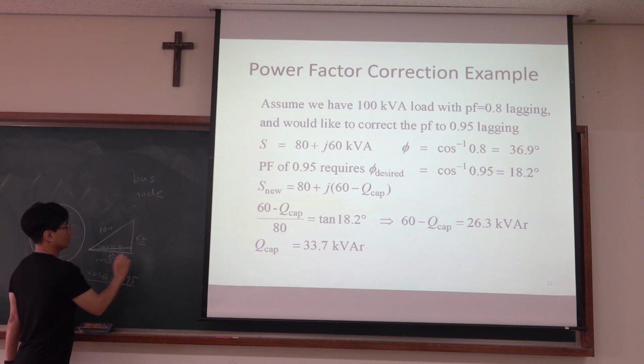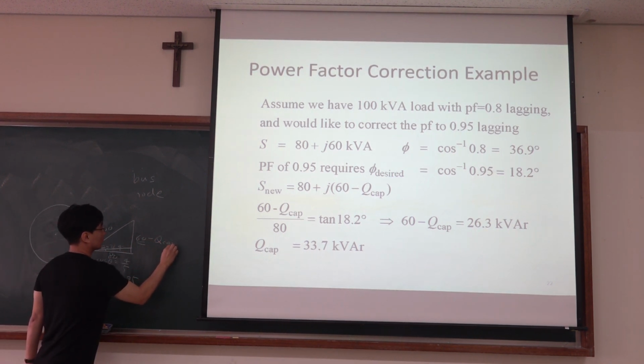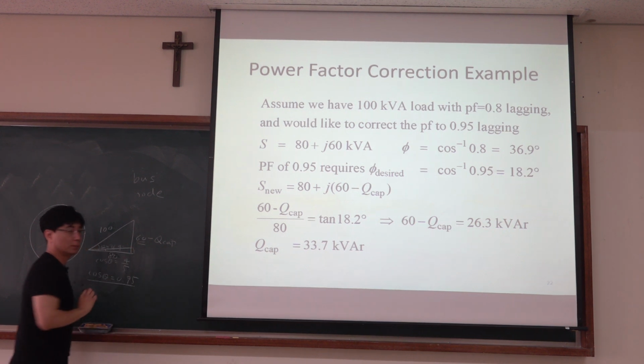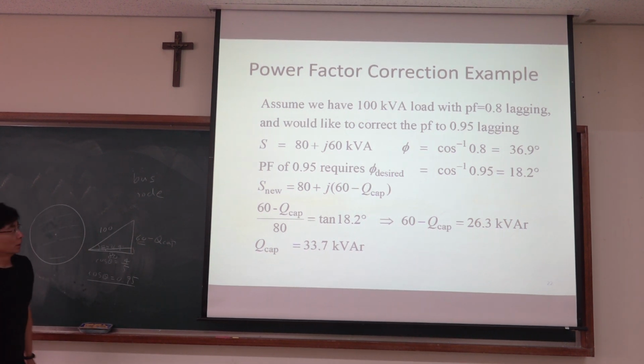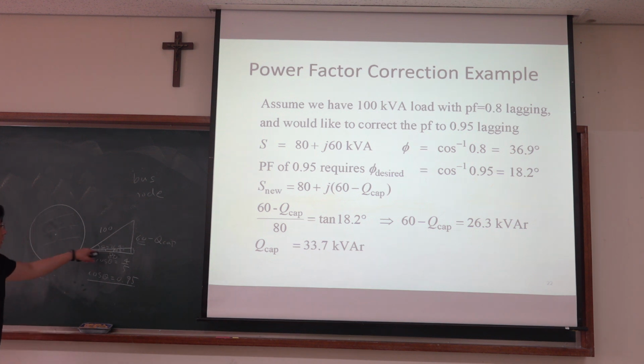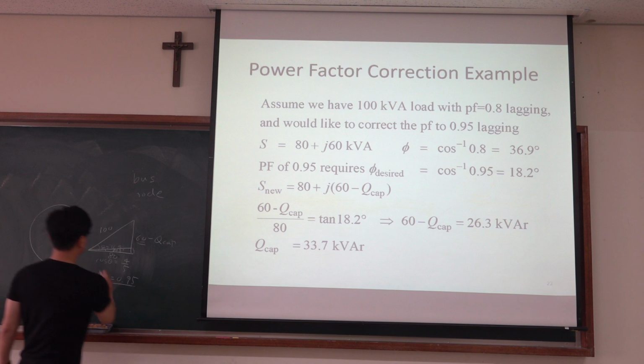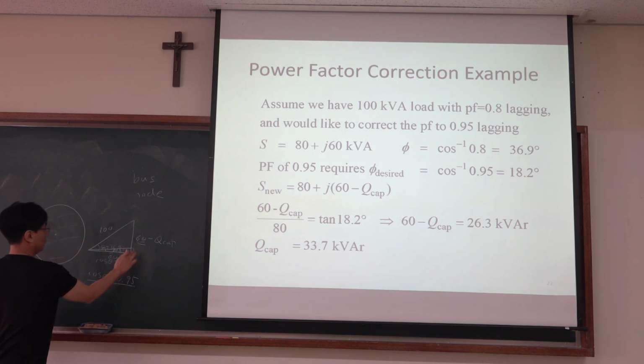So 60 minus Q cap is this much, right? And we know that this angle is 18.2 degrees. So tangent 18.2 degrees is this over that.